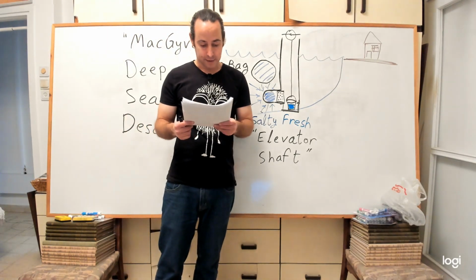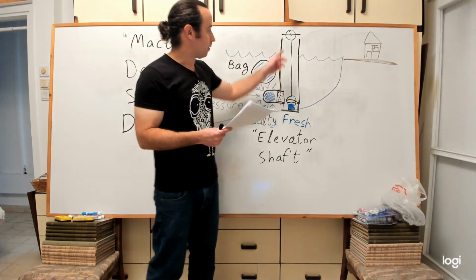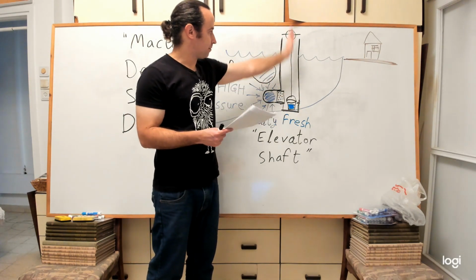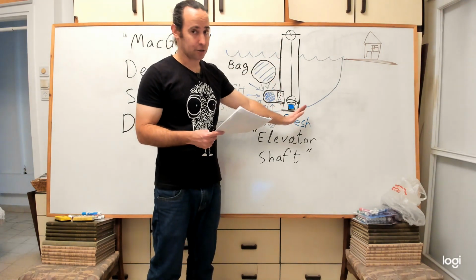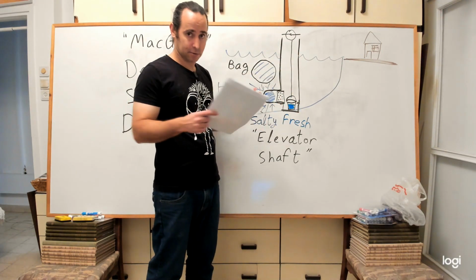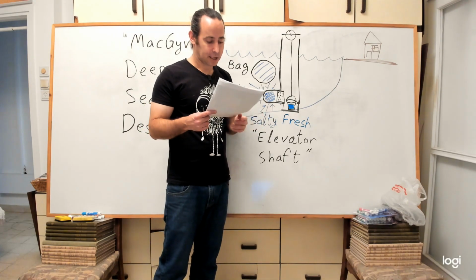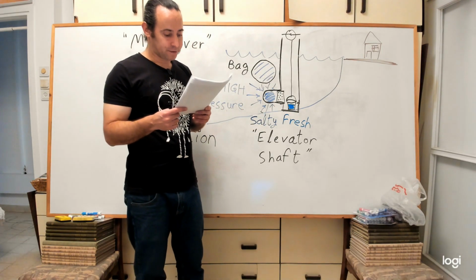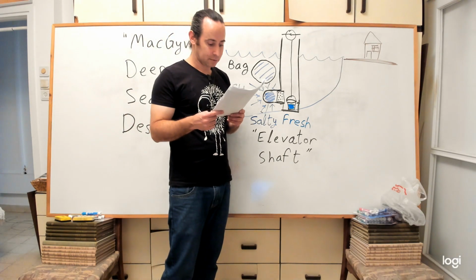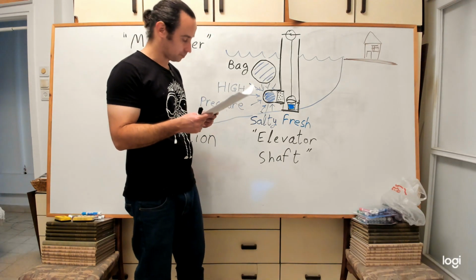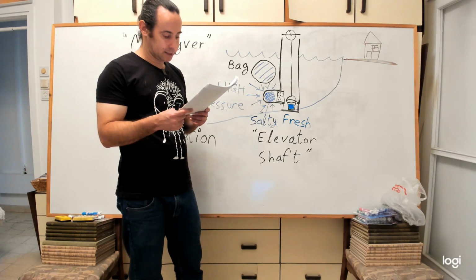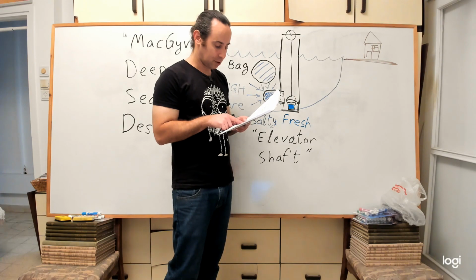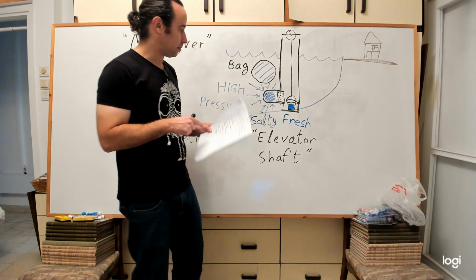Step 1, lower reinforced elevator shaft down to sea floor, which means the walls of the well or the elevator shaft are strong because it needs to withstand a lot of pressure from the outside. Step 2, robot attaches new filter to door so the water goes through.